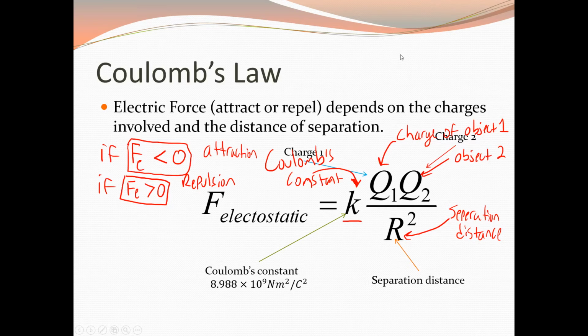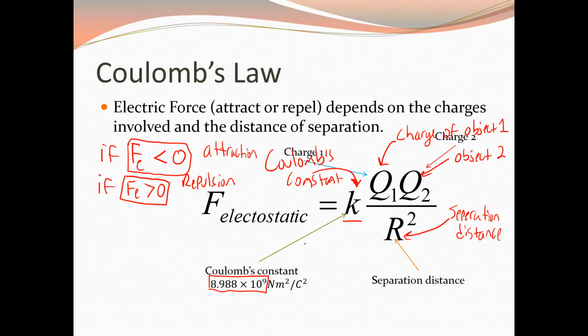Oh, and Coulomb's constant is this number here, 8.988 times 10 to the 9 Newton meter squared per Coulomb squared. If you notice, Coulomb's constant is quite a bit larger than the universal gravitational constant, where Coulomb's constant is effectively 9 times 10 to the 9, and the gravitational constant was 6.67 times 10 to the negative 11.